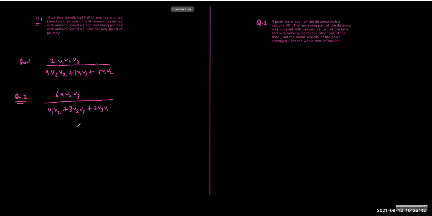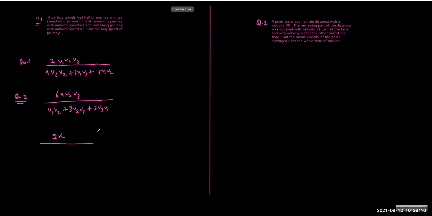Yeah, sir, one third of the remaining, so I took half as X, so half is remaining, so X by 3, one third part of X. Yeah, correct. And then what is remaining? 2X by 3. Correct. Yes, then I solved, sir, and I got the above answer. Yeah, so that should be the right answer. Sir, I took the total distance as 2X.